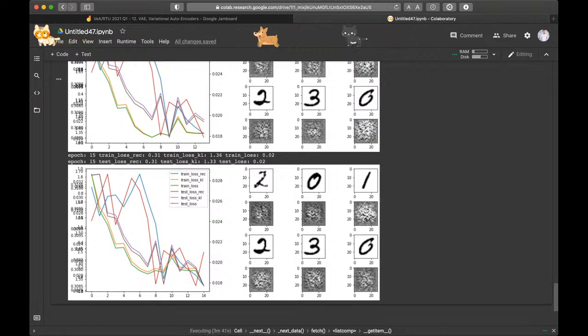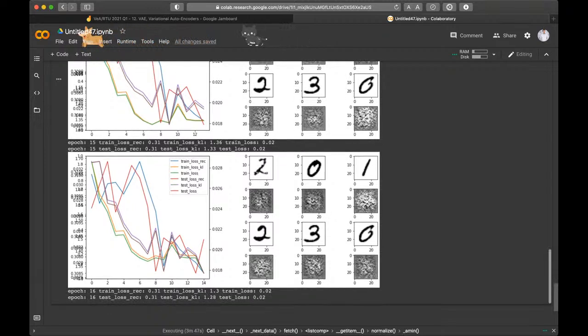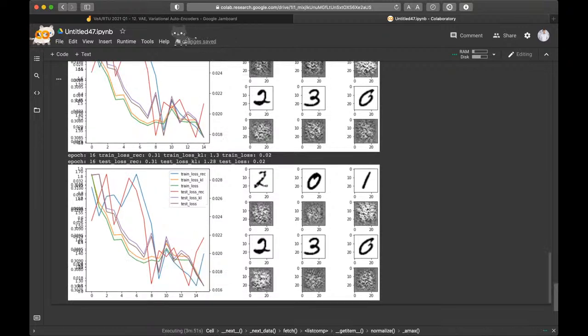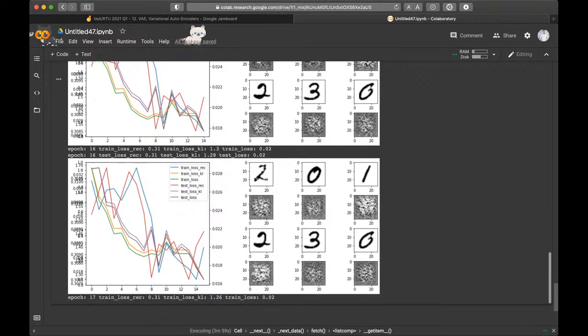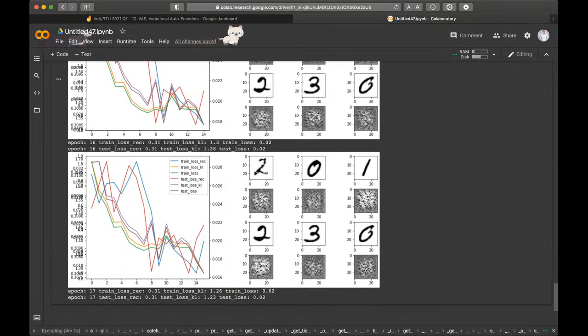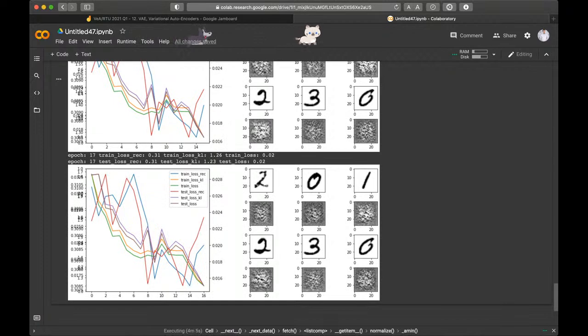Even on GPU, it's not magnificently fast, especially since this is a free GPU. If I run it on my own servers, or on the supercomputer that RTU has, or some of the machines that Ventspils University has, you will get results faster.